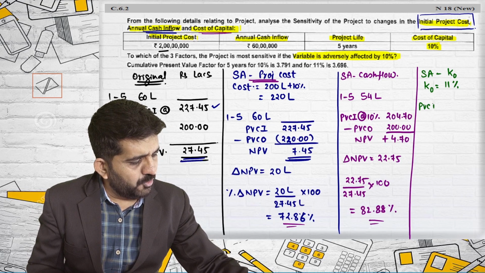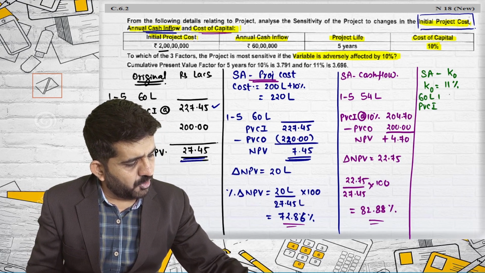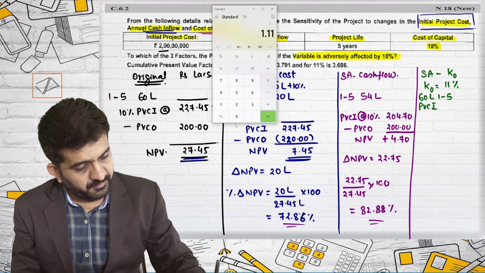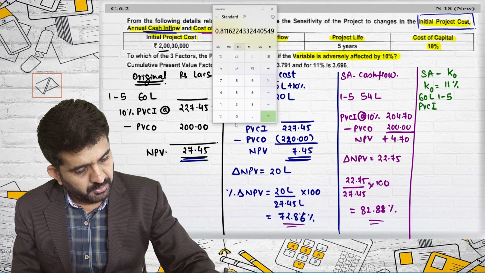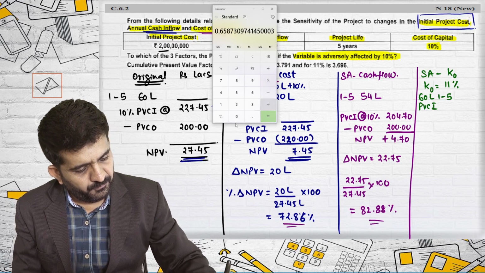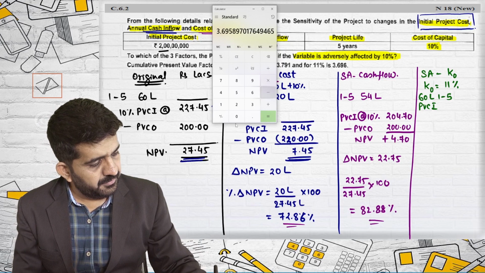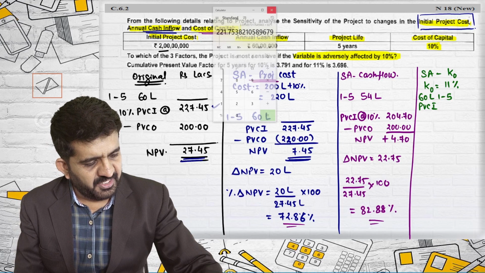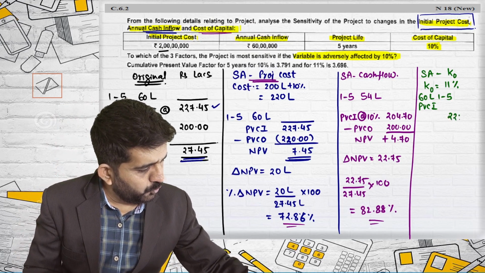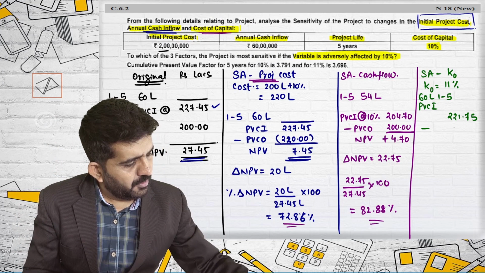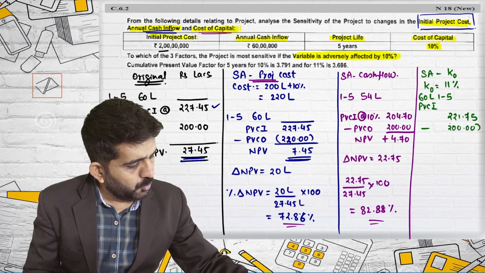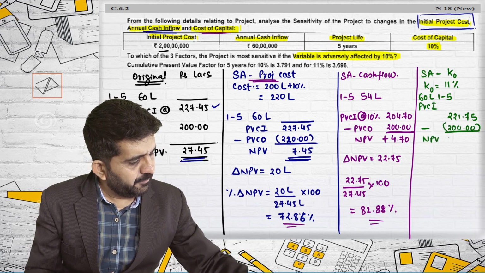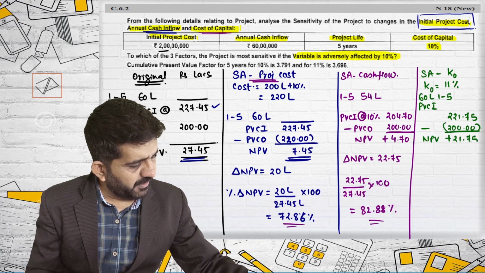Find out present value of cash inflow of 60 lakhs for 1 to 5 years at 11%. 1 divided by 1.11, and then 1, 2, 3, 4, 5, multiplied by 60, which is 221.75. 221.75 minus 200 lakhs. This will be NPV, which is positive 21.75.